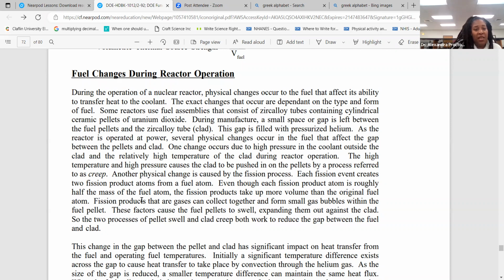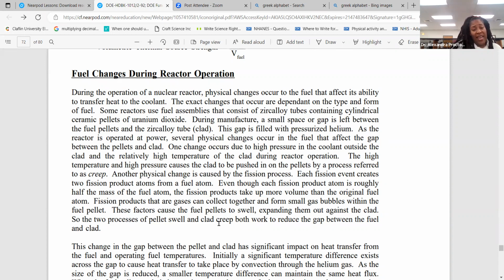Each fission event creates two fission product atoms from a fuel atom. And even though each fission product atom is roughly half the mass of the fuel atom, the fission products take up more volume than the original fuel atom.